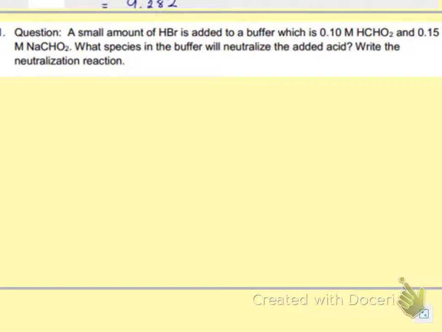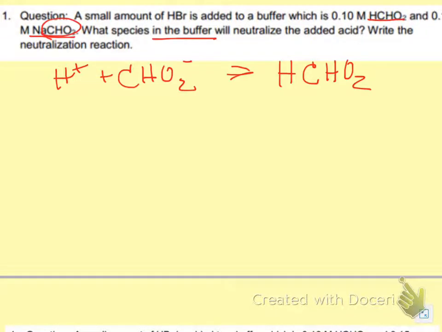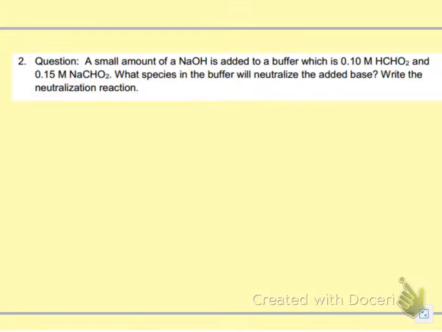I think I did this twice. All right. My bad. All right, here I am adding a base to the same buffer. And again, we've got to write the neutralization reaction. So I always start with what I'm adding. And I'm adding a hydroxyl, I'm adding a base. So I'm going to have to neutralize it with an acid.